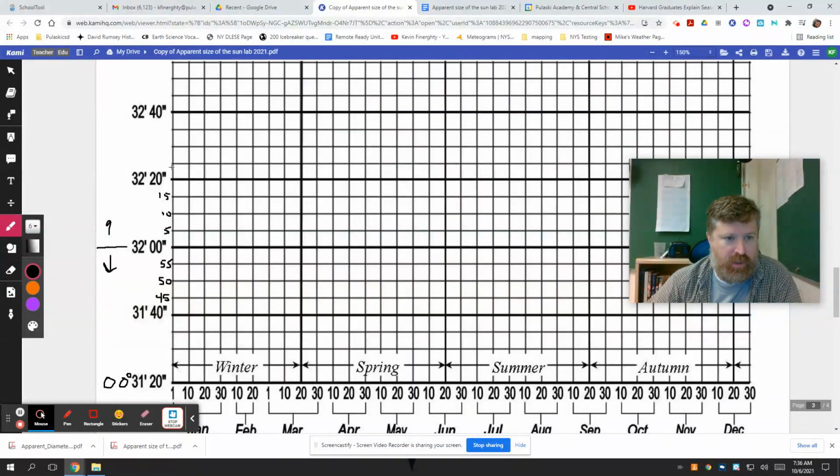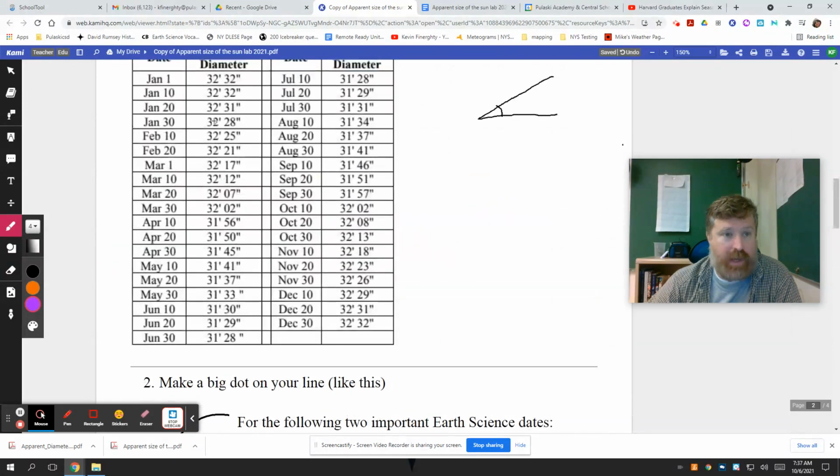So there's 32:20, 25, 30, 35. So 32 is probably right about there. Didn't change color, did it? That might even be a little big, maybe 4, because I want those other dots you're going to make to eventually stand out. Yeah, I like that. Let's go to size 4. All right. That's it. Do that.